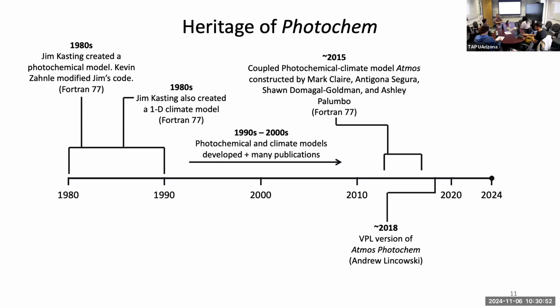They use their climate and photochemistry code. So is that version available also? Did somebody put it on GitHub? The VPL one is not, but this one is, and it's on the Virtual Planetary Laboratory GitHub. If I Google Virtual Planetary Laboratory Atmos, it pops up.